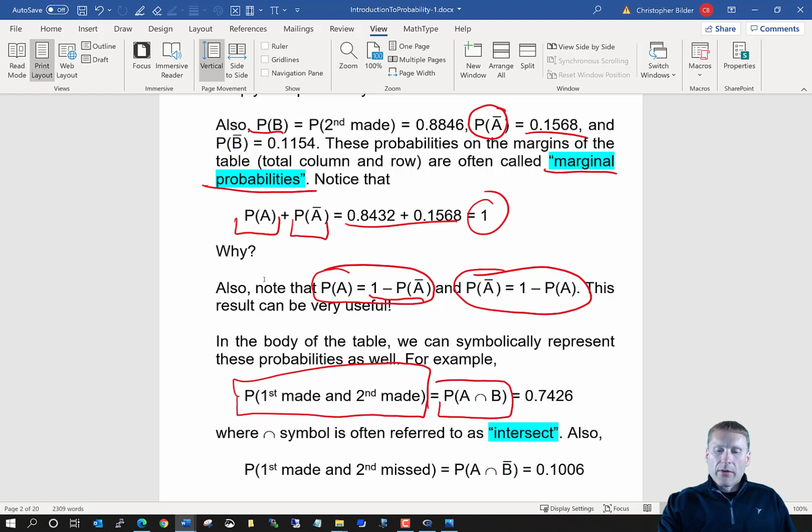A general symbolic way is to use this notation: the probability of A, and then an upside down U. This actually is the intersect symbol. The probability of A intersect B, meaning when they are both together, is 0.7426.